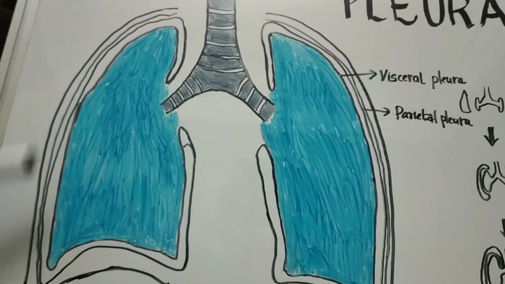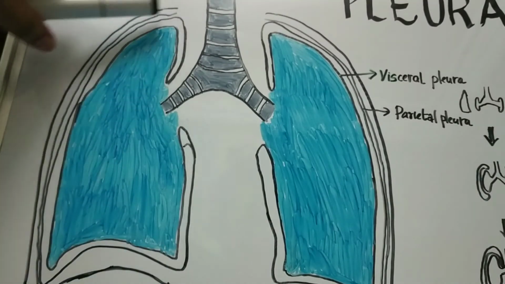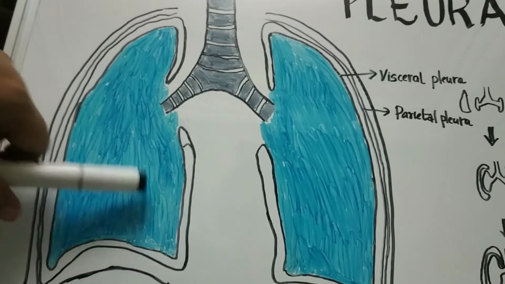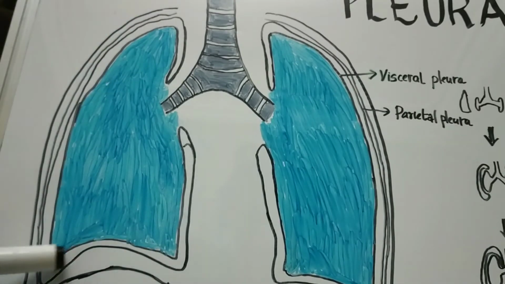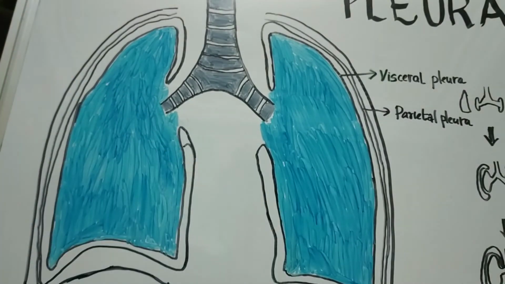There are spaces in the thoracic cavity where the lungs do not completely invaginate into the pleura, and they are called recesses. These are spaces in which two layers of the parietal pleura oppose each other.